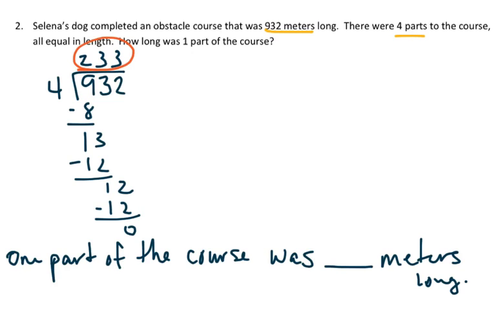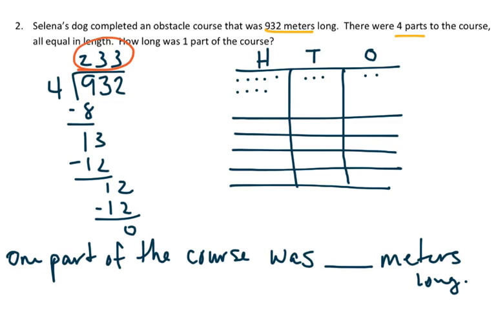So let's do the place value chart. I set it up. I have 1, 2, 3, 4 rows here. I'm going to do 1, 2, 3, 4, and take care of those 4. 1, 2, 3, 4.